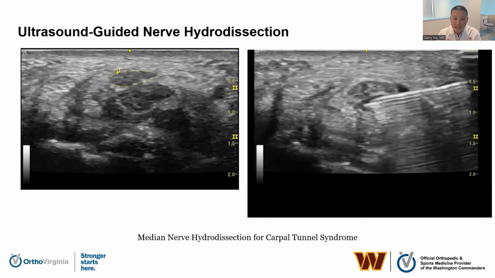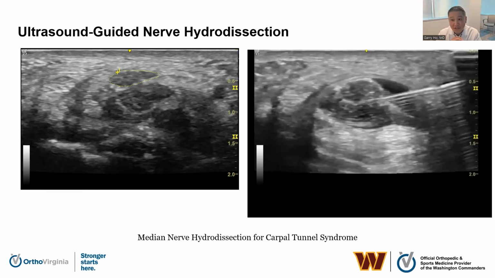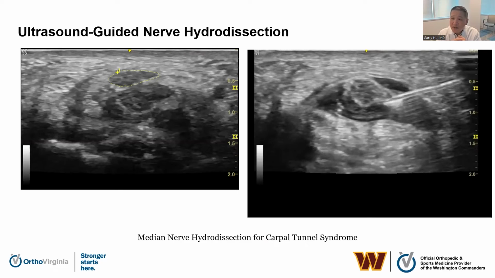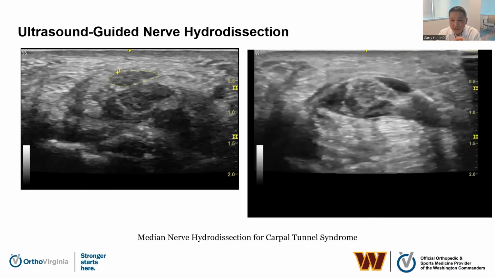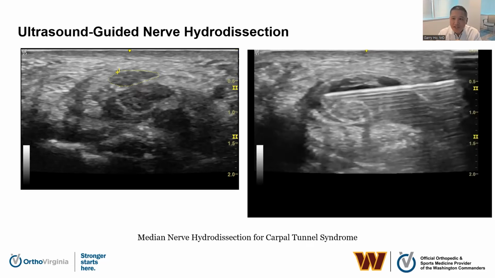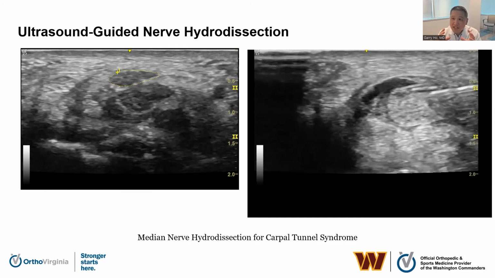And what I do, and this is the same patient, left and right here, I bring the needle in alongside the nerve. So you can see precision is really important when it comes to safety and effectiveness. Bring the needle right next to the nerve and inject fluid to not just deliver a medication, but to use the hydrostatic pressure from the volume of that injection to separate the nerve from its surrounding soft tissue.